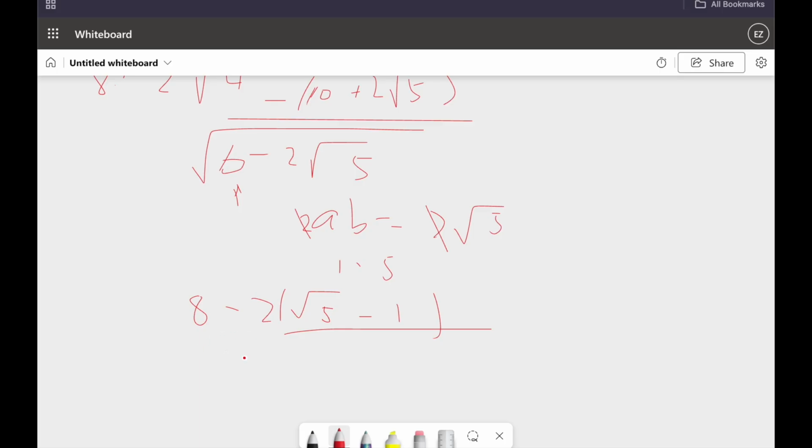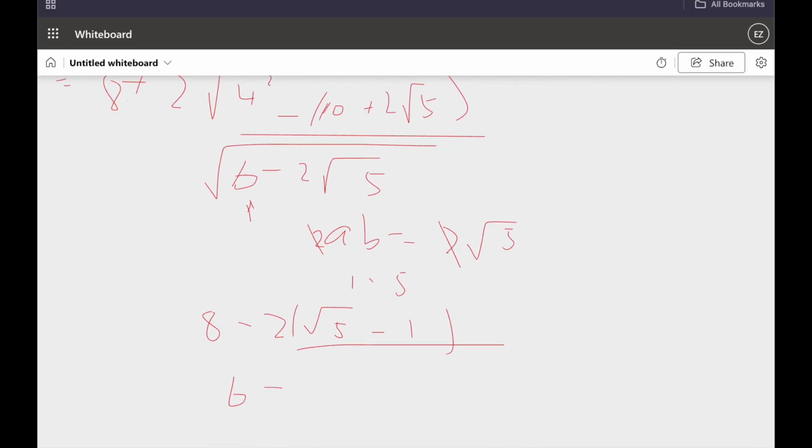We simplify, we get 6 plus... wait a moment. No, here I made a mistake. Here it's not plus minus, it's plus. Okay, 6 plus 2 square root of 5.